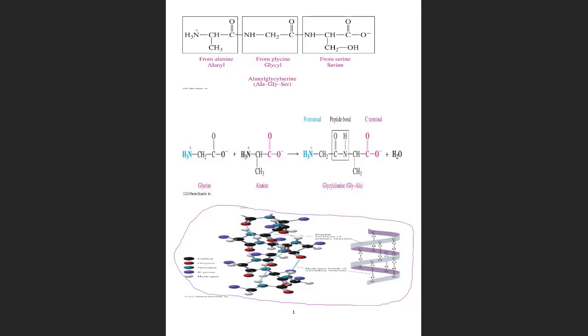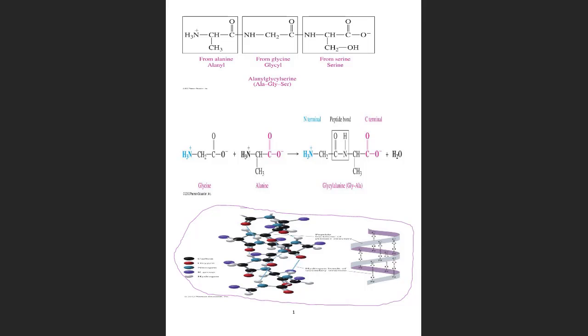In the primary structure, we said that there are many amino acids bound together. So the sequence of the amino acids in the polypeptide chain will make the primary structure. And the function of a protein depends on the order of amino acids in the chain.